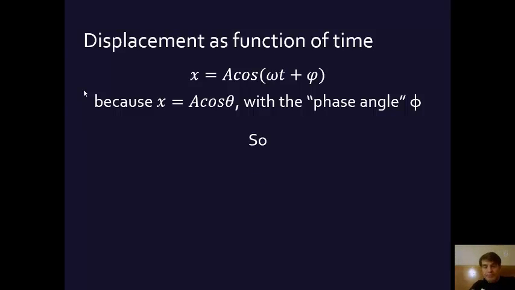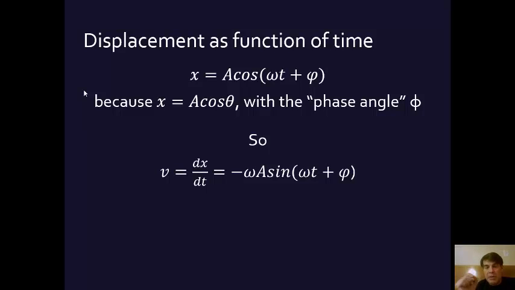Okay, so if x equals A cosine of omega t plus phi, then we can now use a little calculus to come up with formulas for velocity and acceleration. Now, if you don't know calculus, just memorize the formulas. But basically, in calculus, the derivative of a cosine is the sine of the thing, times the derivative of what's inside the cosine.